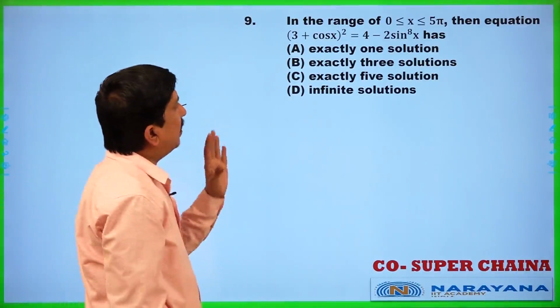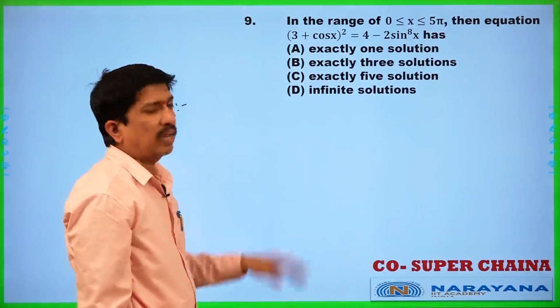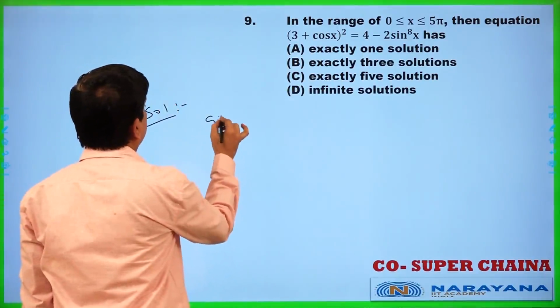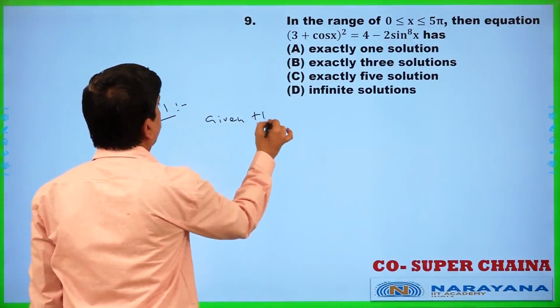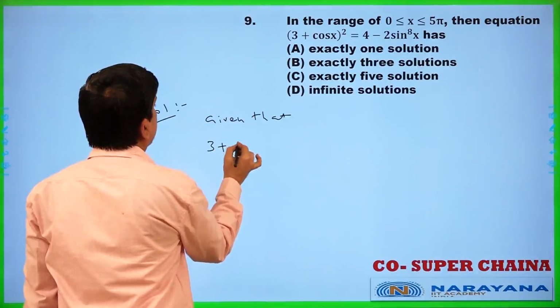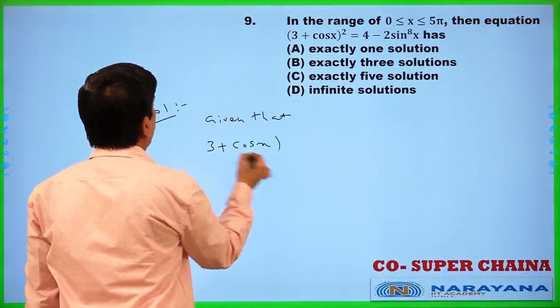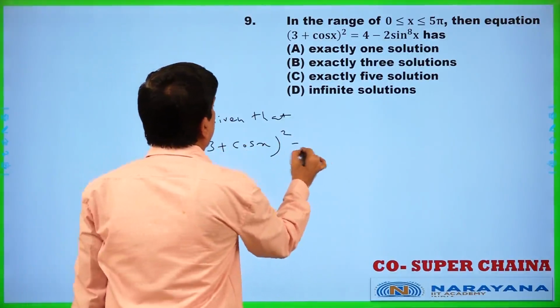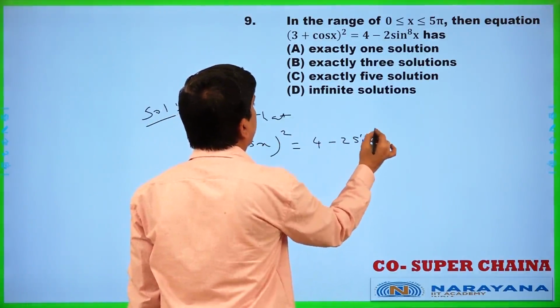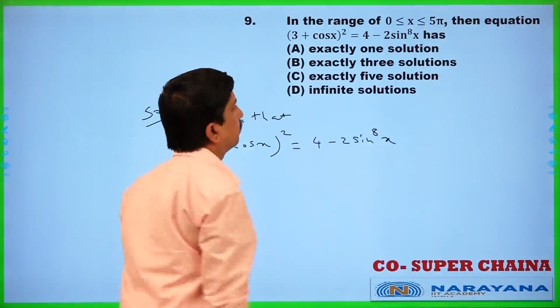I will write: given that 0 less than or equal to x less than or equal to 5 pi, the given equation is (3 plus cos x) whole square equal to 4 minus 2 sin power 8x.